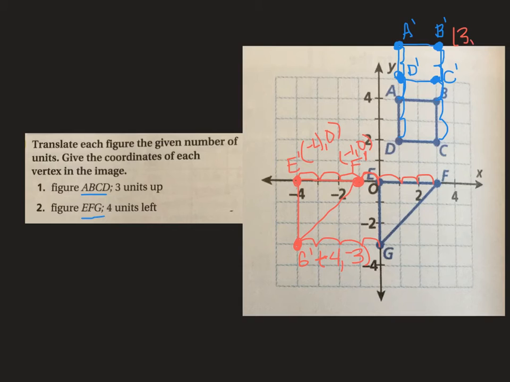So it would be 3, 7. C would be 3, 5. D would be 1, 5, and A would be 1, 7. Okay, if it says give the coordinates of each vertex, I do expect you to do such a thing.